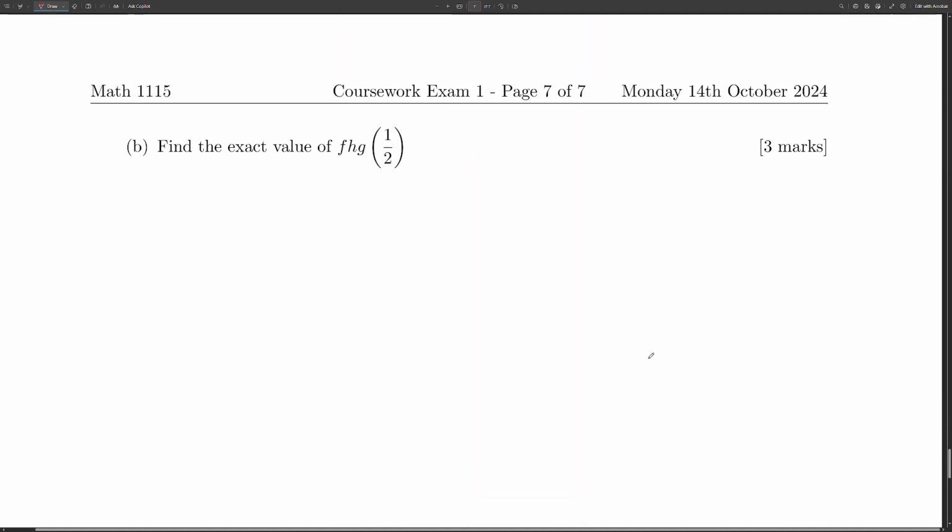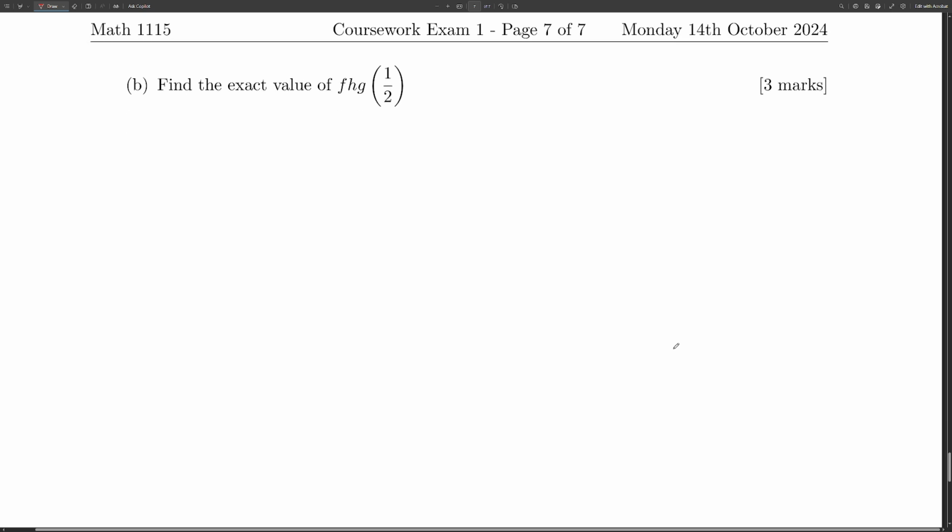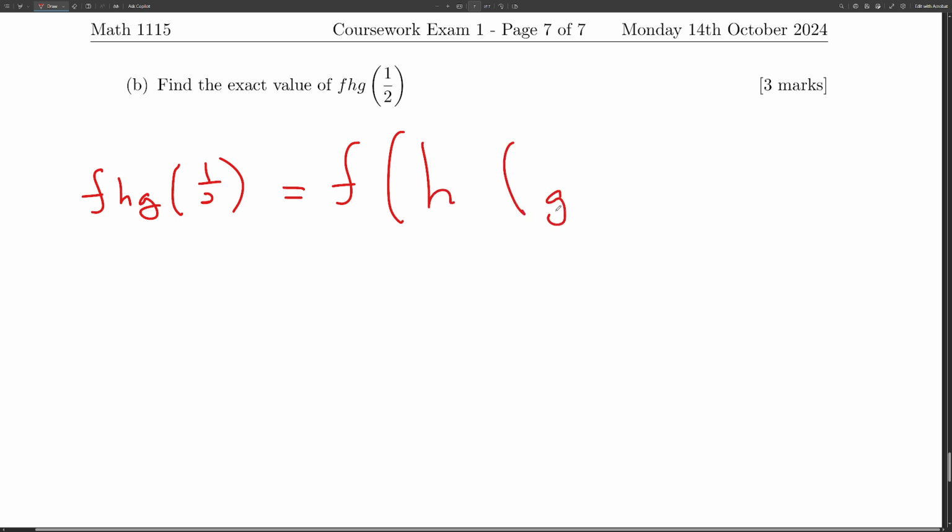And the last part: find the exact value of f composed with h composed with g of the number a half. All right, so let's see how we can do this. So we have fhg of 1/2, which is f composed with h composed with g of the number 1/2.